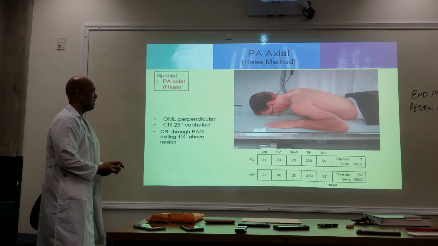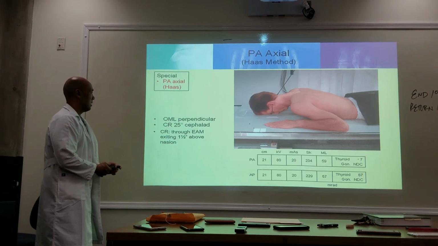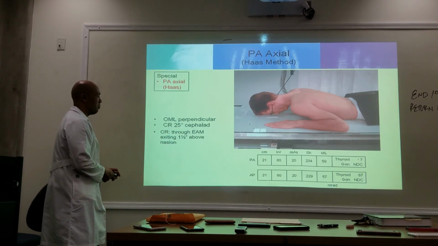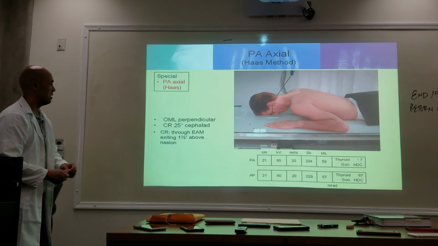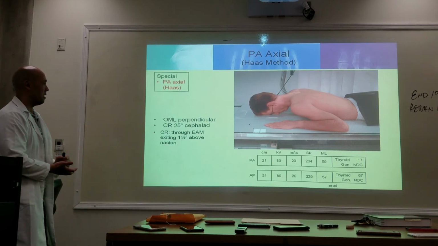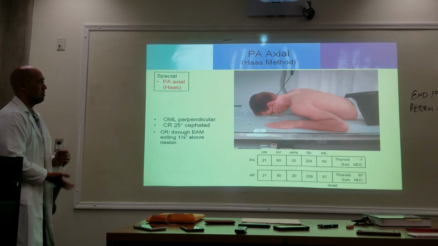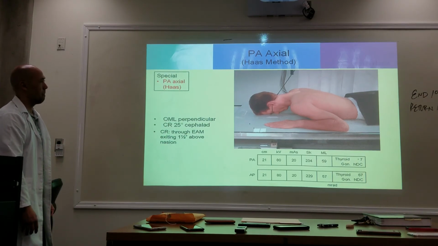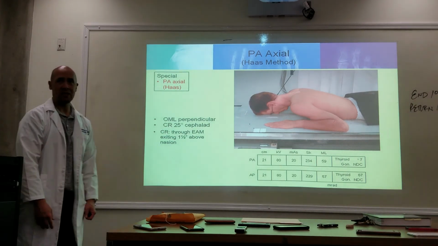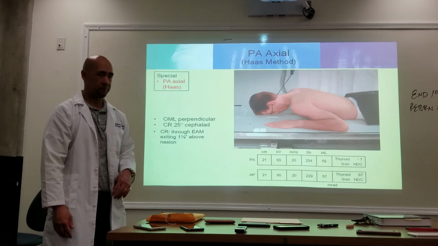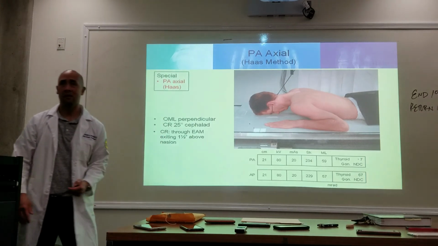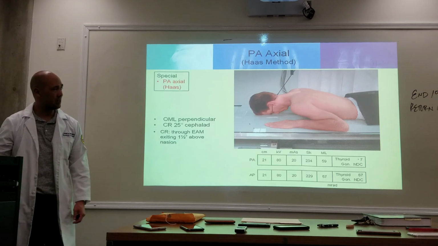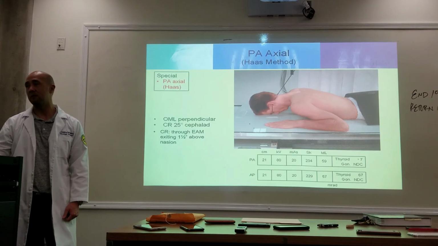Central ray goes through the EAM, exiting 1.5 inches above the nasion. Okay. So you accomplish the same thing as the Towne's, except here we have magnification, right? Because the back of the head, the occipital, is further away from the image receptor.